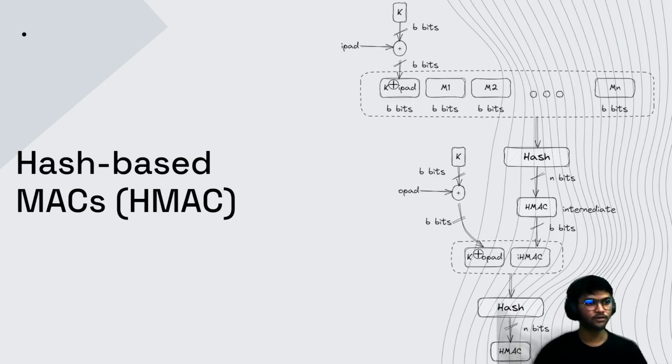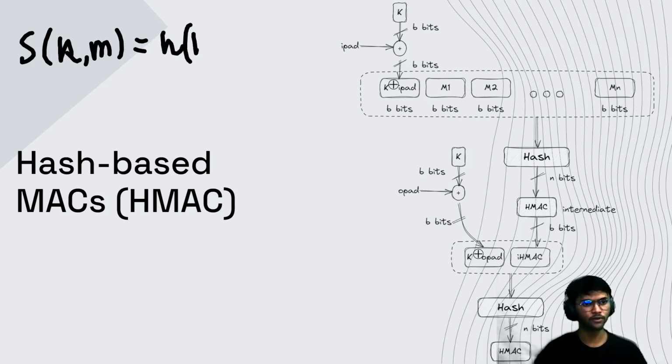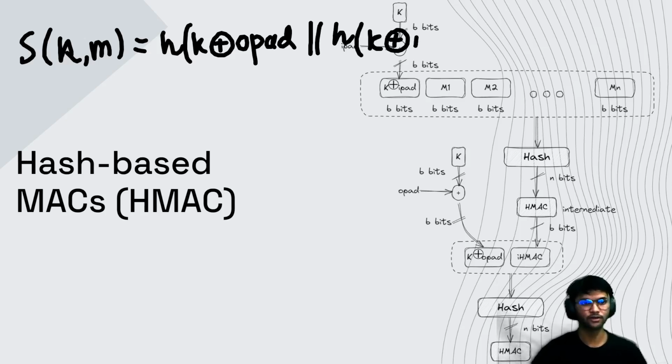Mathematically, the signing algorithm can be represented as, given the key K and the message M, compute the hash of K XOR opad concat with the hash of K XOR ipad concat with the message.